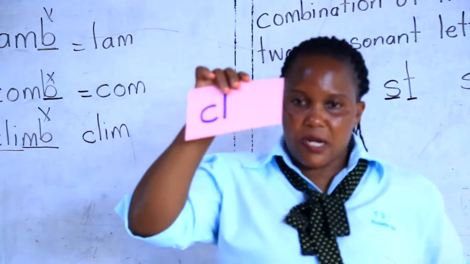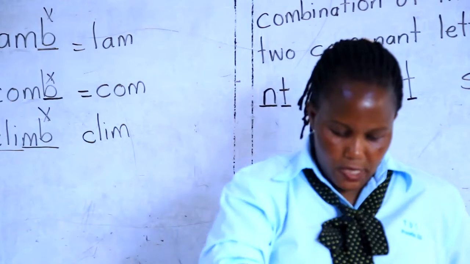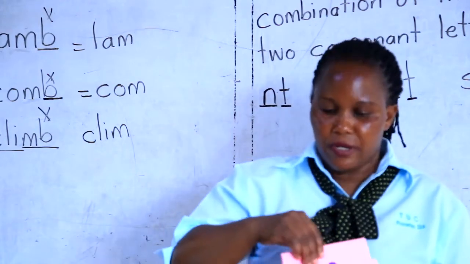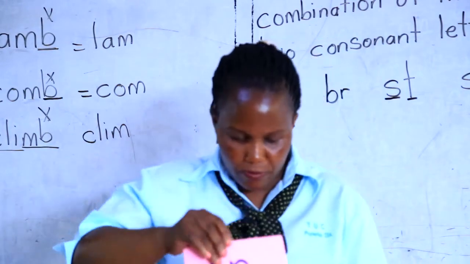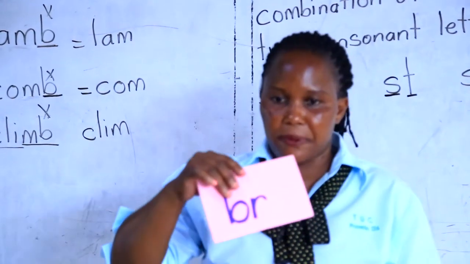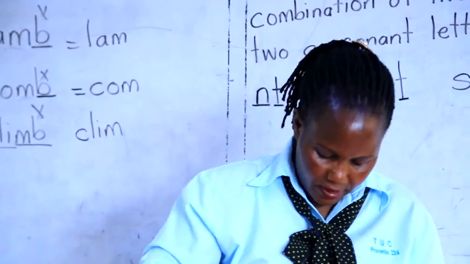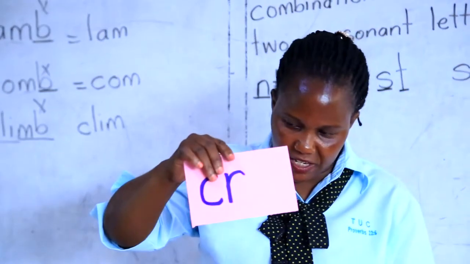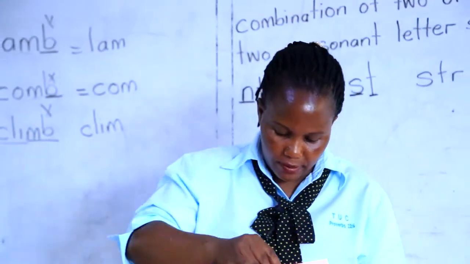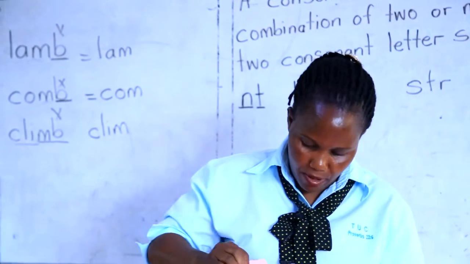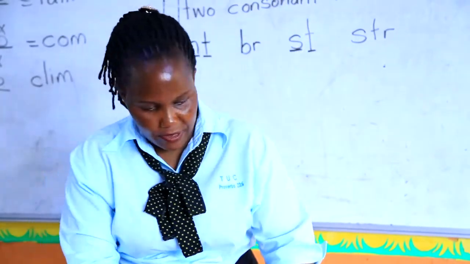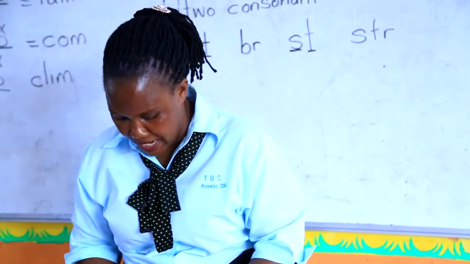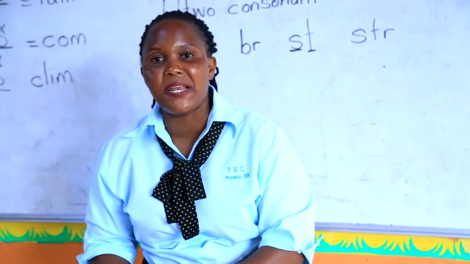Kla. Everybody say kla. Good. We have brr, brr, brr. That is krr, krr. This one is the same. Blah, blah, blah. So that's how we are supposed to pronounce those consonant blends.